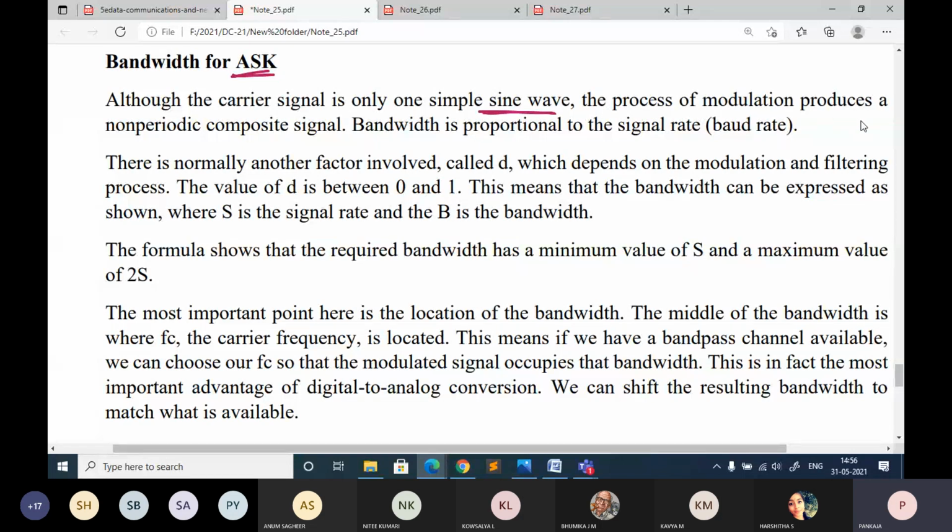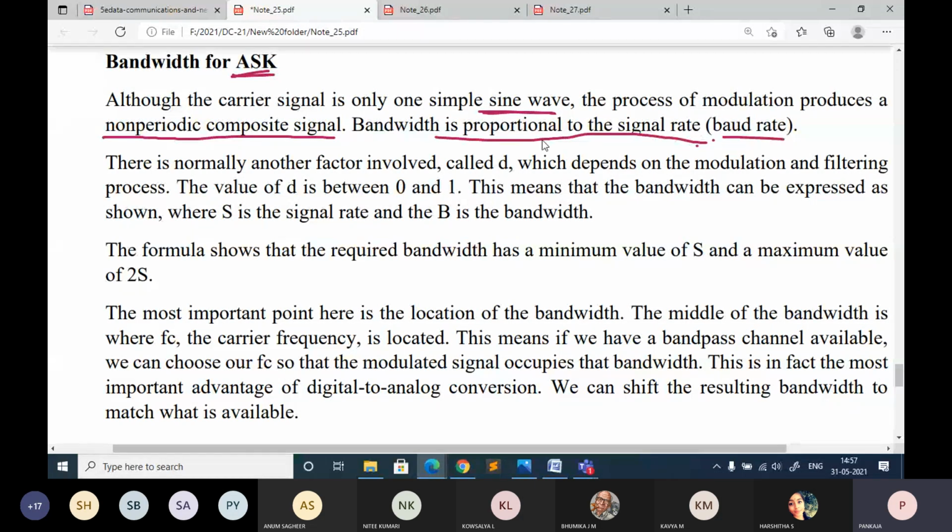The process of modulation produces a non-periodic composite signal. As I told in the last class, in case of ASK, bandwidth is directly proportional to the signal rate, or baud rate.